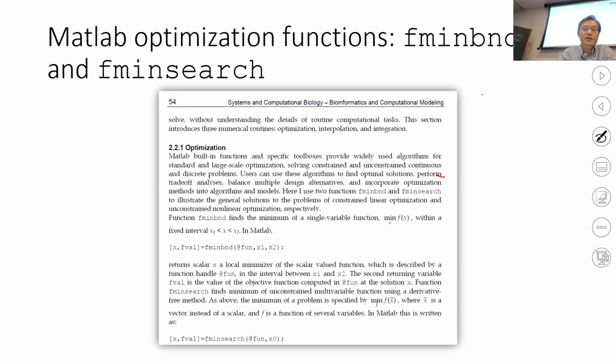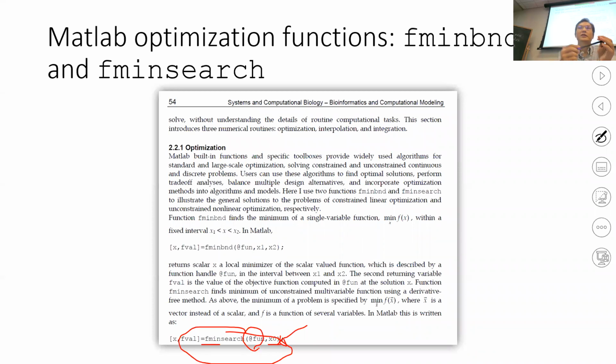As I already showed you before, there's a function called fminsearch, which is a global optimization function that searches for the combinations of parameters in the vector you gave here, and the function definition is a loss function.